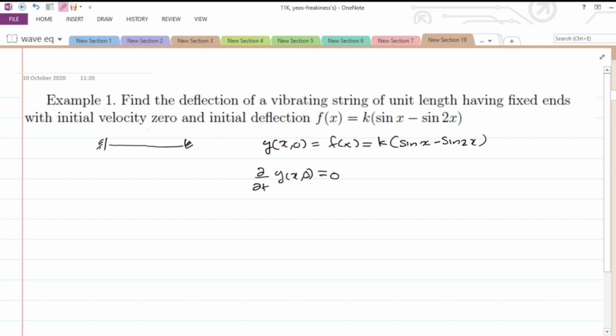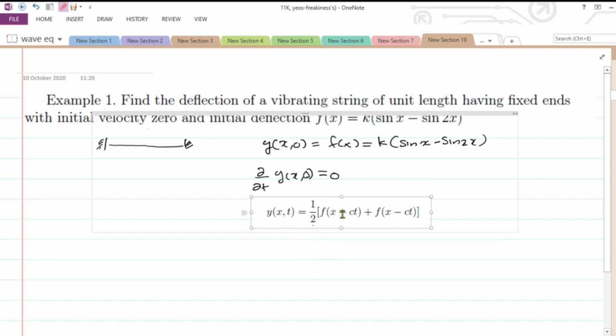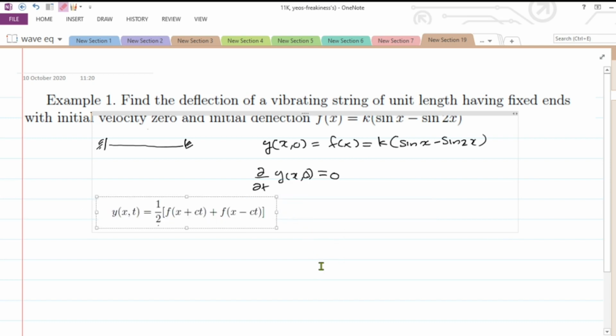So here we can use D'Alembert's solution for this wave equation, that is y of x,t is equal to 1 by 2 into (f of x plus ct plus f of x minus ct). Straight away we can substitute this in the equation.